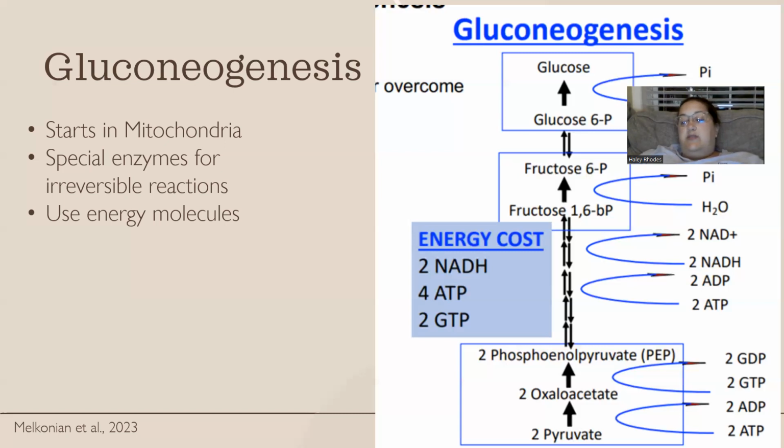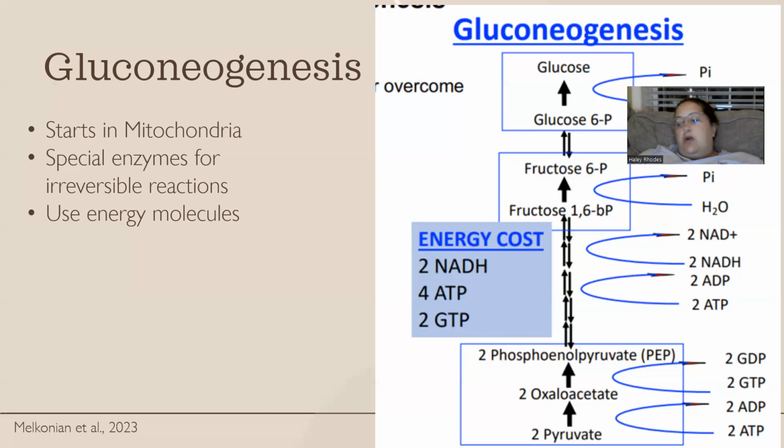One of the biggest differences is the enzymes that are used within gluconeogenesis. There are 4 different enzymes that are used in gluconeogenesis that are not used in glycolysis. So those 4 are going to be pyruvate carboxylase, PEP carboxykinase, fructose 1,6-bisphosphatase, and glucose-6-phosphatase.